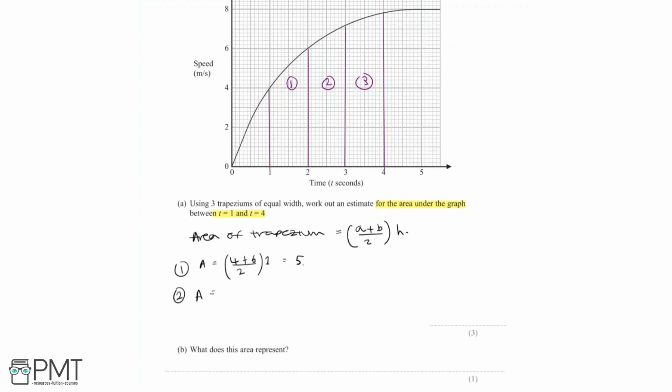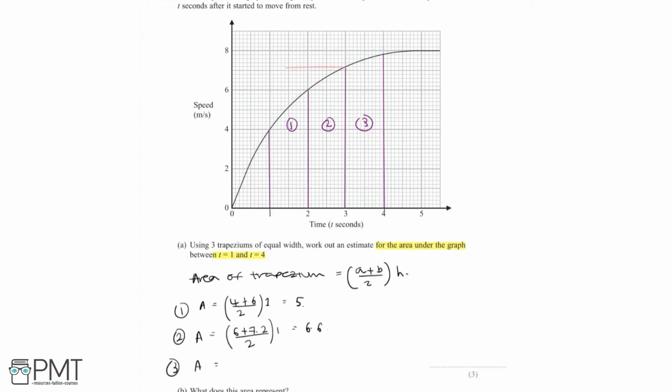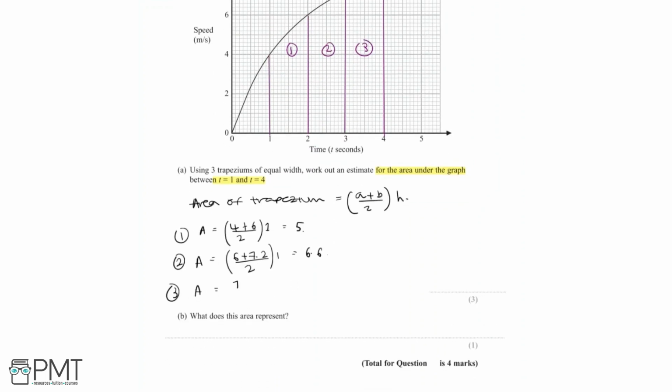And so we can say that the area is (6 plus 7.2) divided by 2 multiplied by 1, which is equal to 6.6. And finally for trapezium 3, the area would be equal to (7.2 plus 7.8) as a and b, so (7.2 plus 7.8) divided by 2 multiplied by the height of 1, which is equal to 7.5.